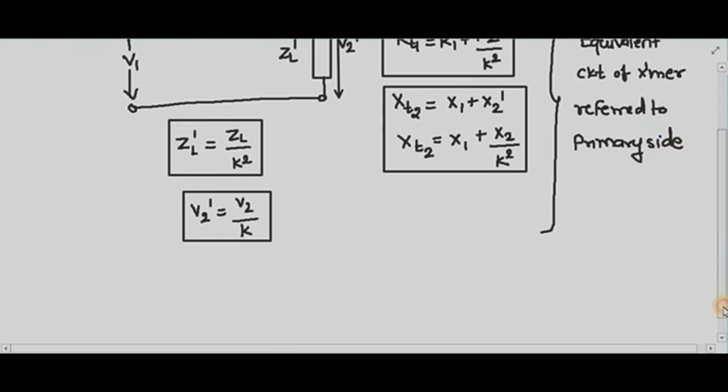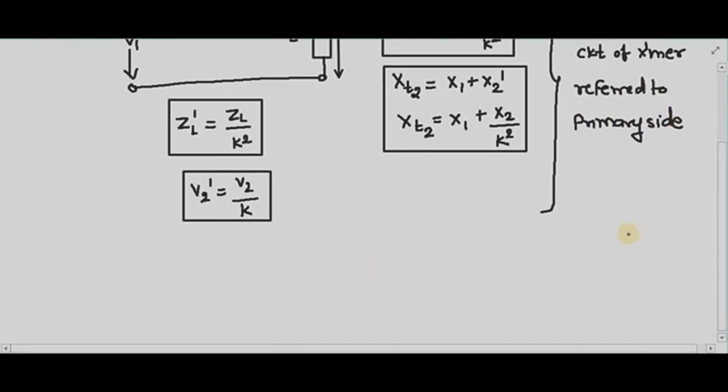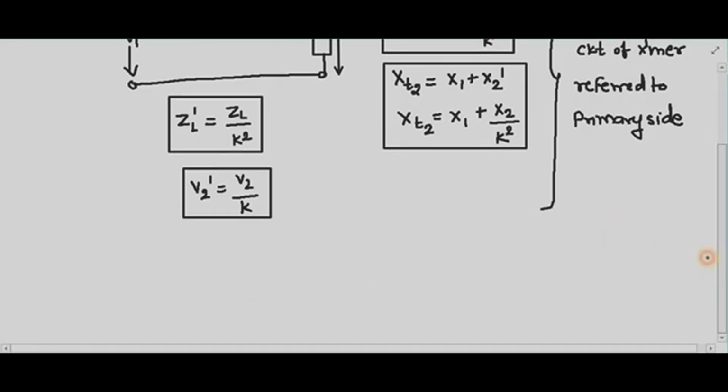Now let us draw the equivalent circuit of the transformer referred to the secondary side. So I have to transfer now the primary quantities to the secondary side. So when I transfer my primary quantity, that is V1, to the secondary side, it will become V1 dash. First of all, I will draw the circuit, then I will mark all the quantities.